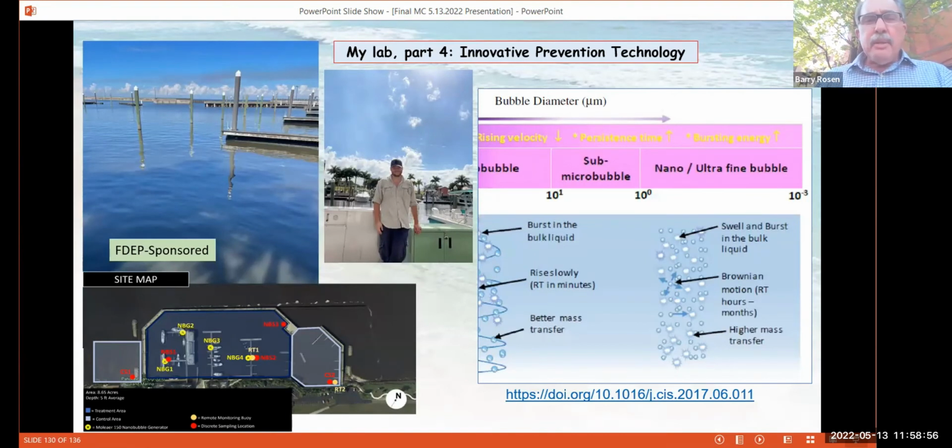So we have a nice innovation grant from FDEP for looking at preventive technology. We're working in the Pahokee Marina, and we're using nanobubbles. We have 4 nanobubble generators, and the concept behind it is published by someone else, where these small nanobubbles, when they burst, we think there's something about their tension that disrupts and might hurt the cyanobacteria.